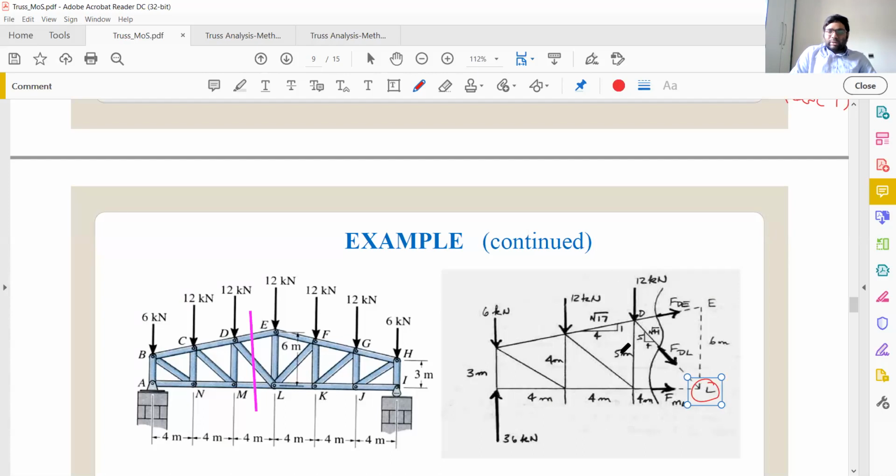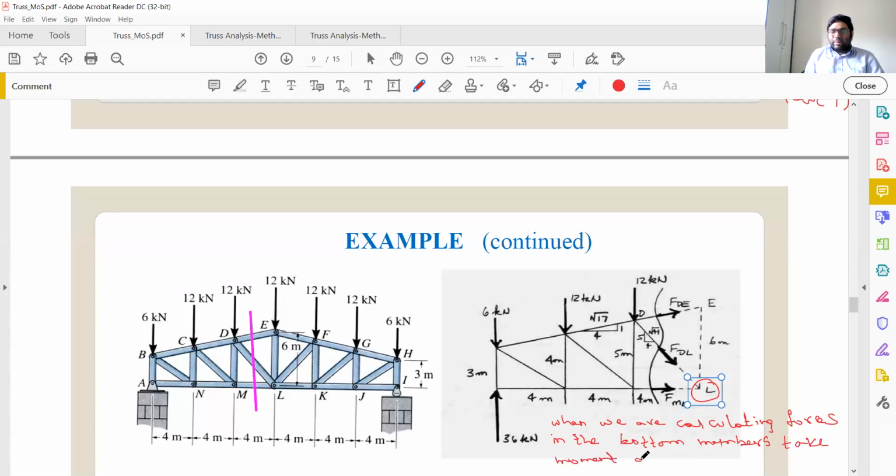So I will write a thumb rule here. When we are calculating forces in the bottom members, take moment about top joint. Take moment about top joint.